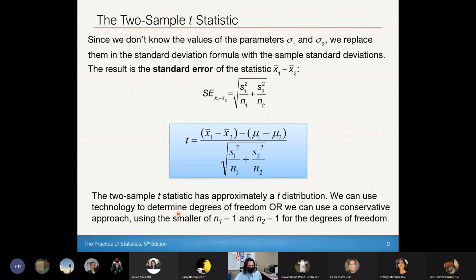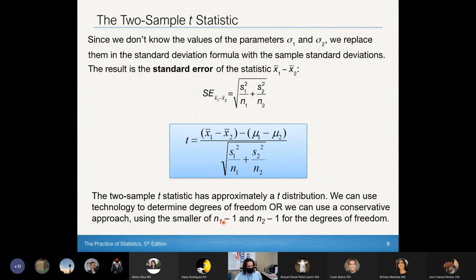We can use technology to determine degrees of freedom, which when they say use technology, it means use a really crazy looking formula that we're not going to do. Or we can use a conservative approach using the smaller of n1 minus 1 and n2 minus 1 for the degrees of freedom. So whichever one gives you a smaller number, right?